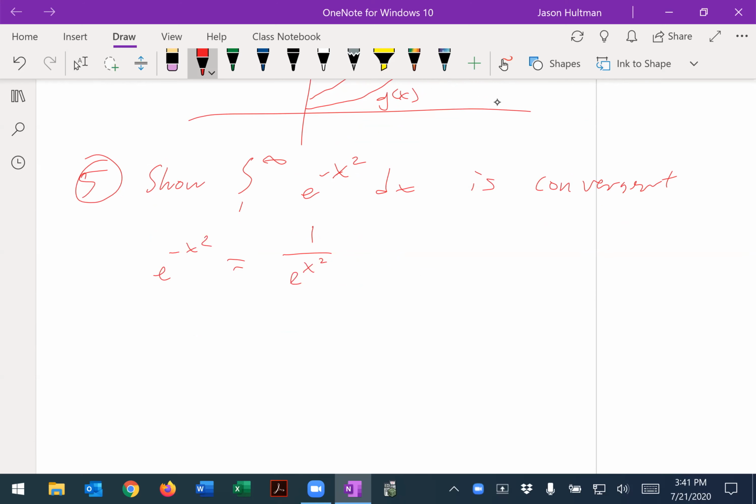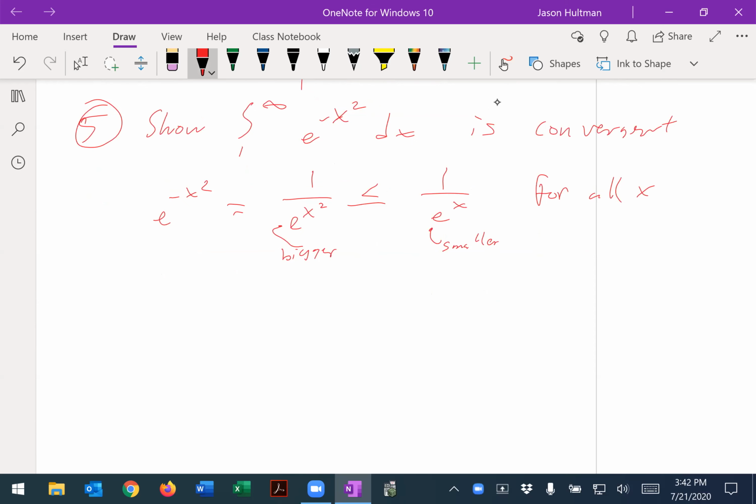And this is less than or equal to e to the negative x, because x squared is going to give me a bigger number, and that's going to produce a bigger e to the x squared. We take the reciprocal of that, then this whole thing ends up being smaller, right? One divided by a big number is a small number, and 1 divided by a small number is a big number. So the inequality holds there, for all x.